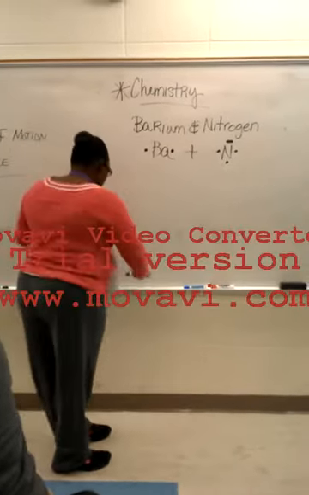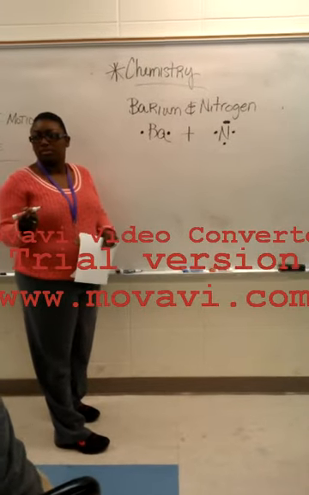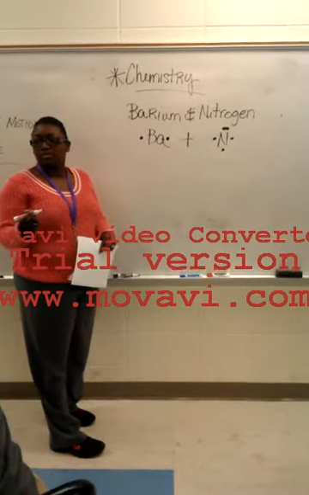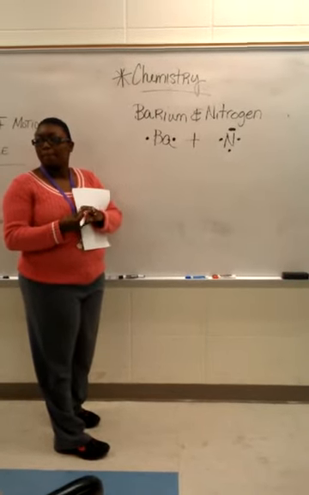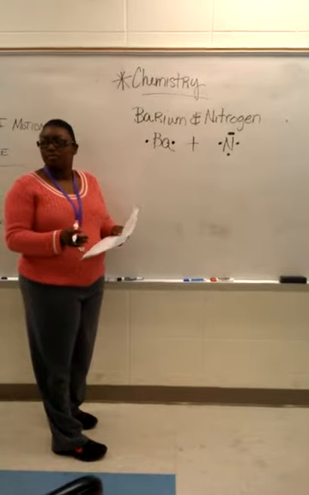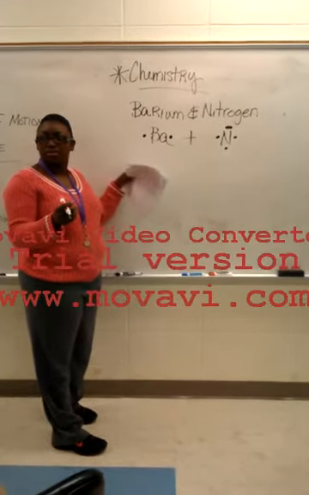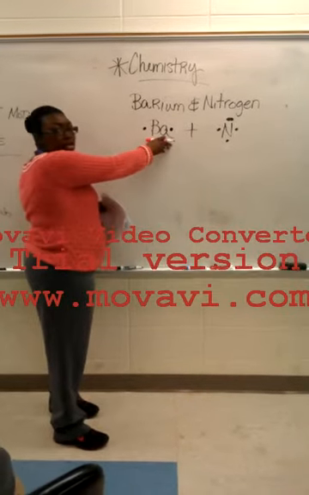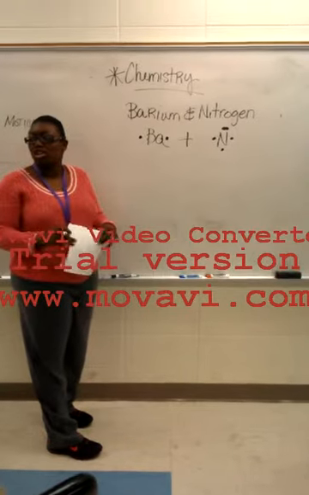Okay? So tell me this. What's the charge on a barium? For a metal, the charge is given by the what? Remember our definitions for metals and cations, how we find the charge.